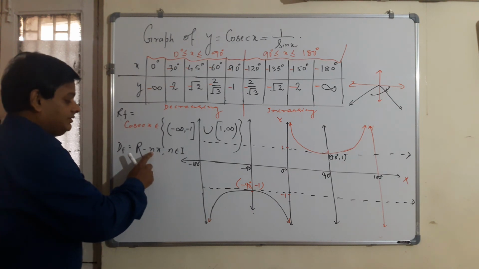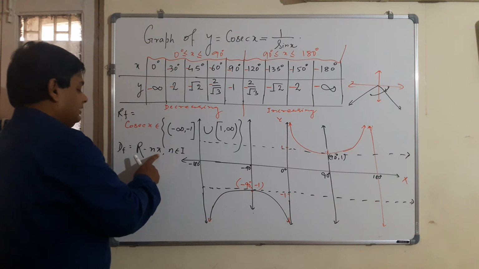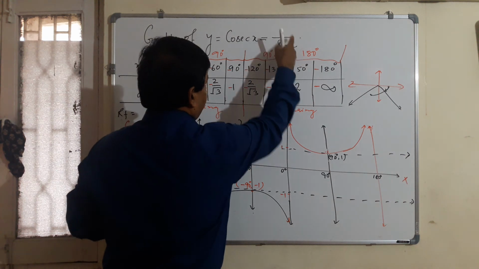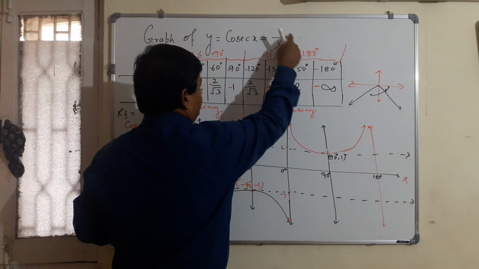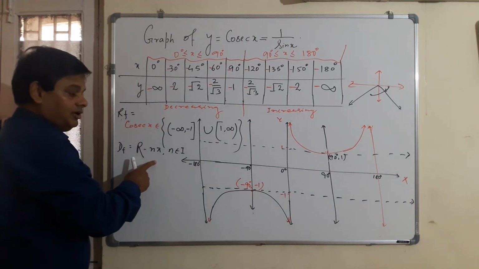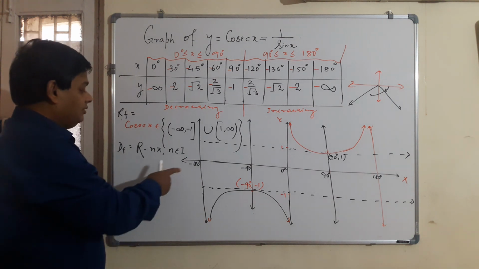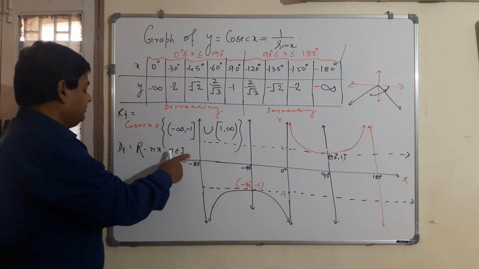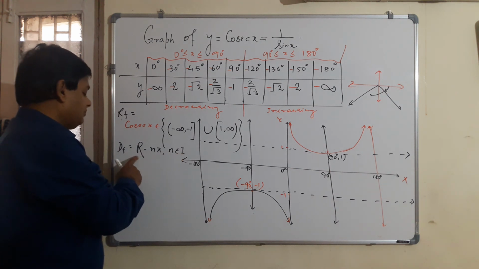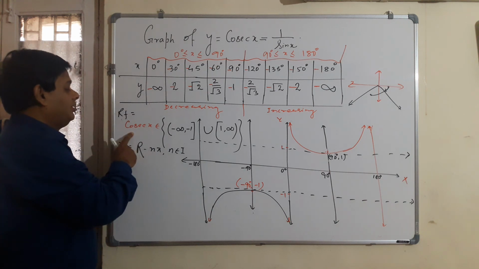See here, n is equal to 0, so it means at 0 it is not defined. N is equal to 1: not defined, because sin pi is 0, so 1 by 0 is infinity, not defined. Similarly 2 pi, 3 pi, 4 pi, 5 pi. We can generalize the case, n is the set of integers. So the domain is the set of all real numbers minus n pi, and this is your range.